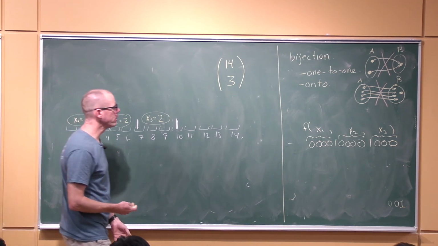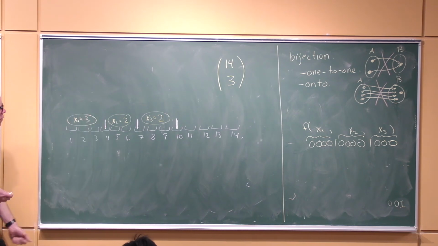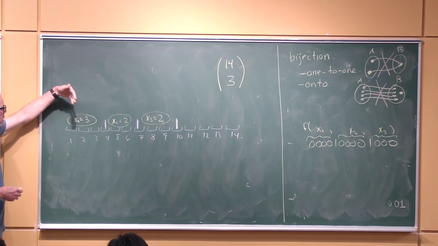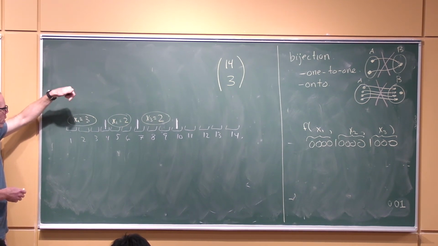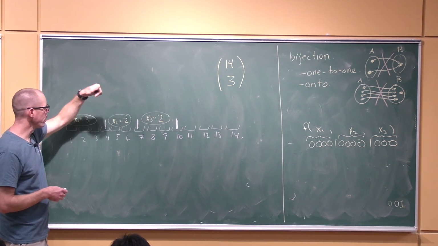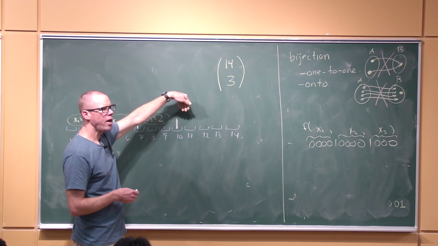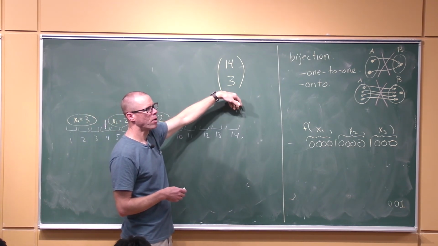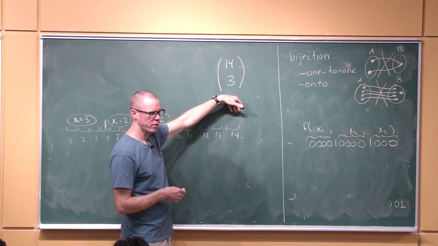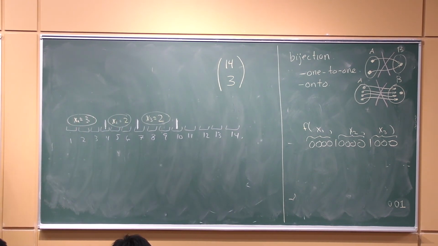And that means you need to define f. We can sort of see how we define f, right? The string that we write has x1 zeros, then a 1, x2 zeros, then a 1, x3 zeros, then a 1, then 11 minus x1 minus x2 minus x3 zeros. So that's what the function will look like.